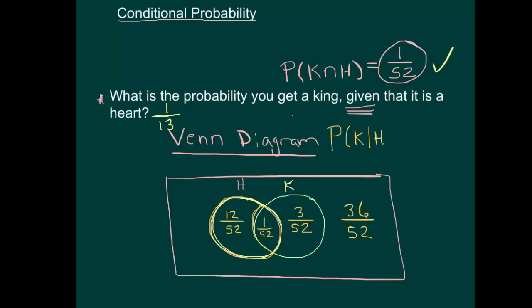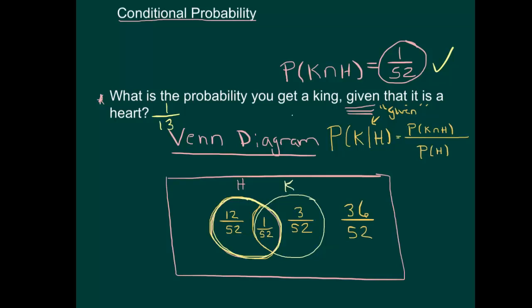So this vertical line means given. And a good way to view it is, it's the probability of getting a king and a heart. So it's the probability of getting the king of hearts divided by the probability of getting a heart.